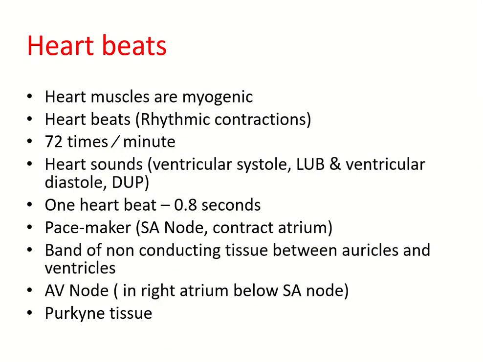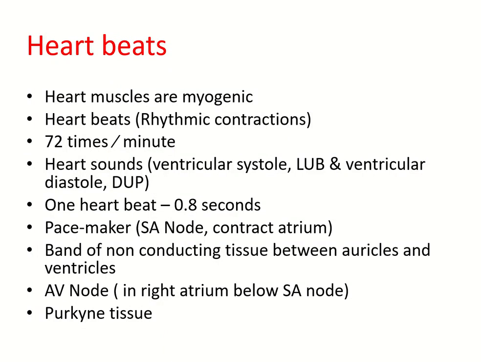All that cardiac cycle occurs 72 times per minute in a mature adult during the resting stage, and one single cycle is called a heartbeat. These are actually rhythmic contractions because the heart muscles are myogenic.